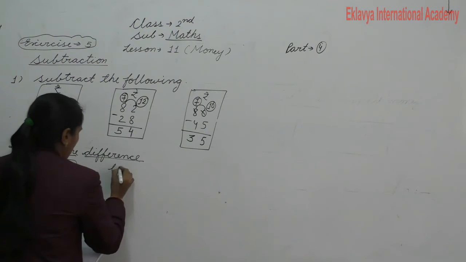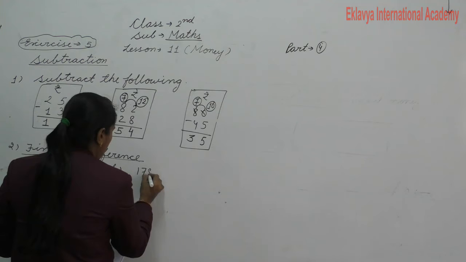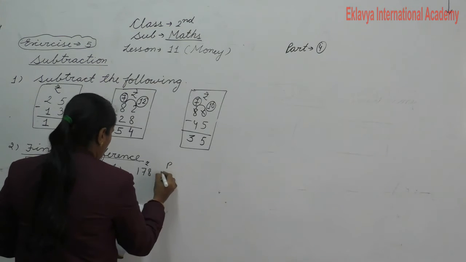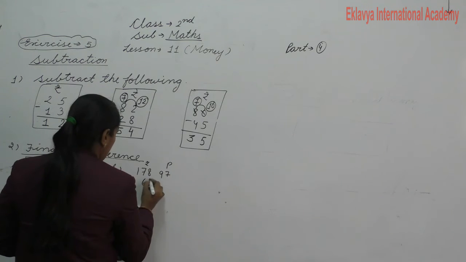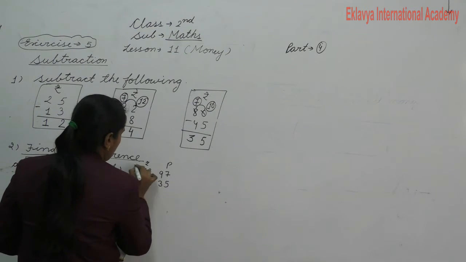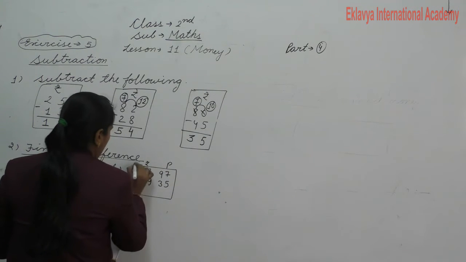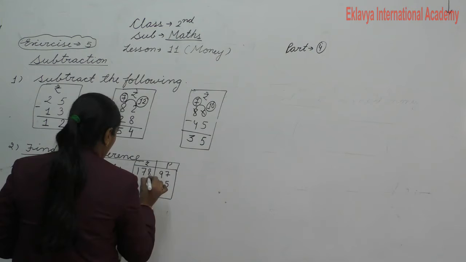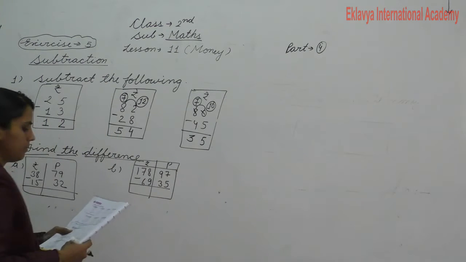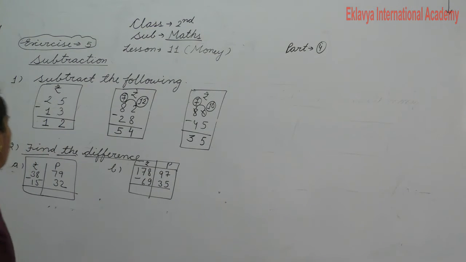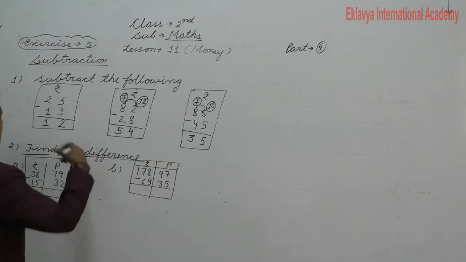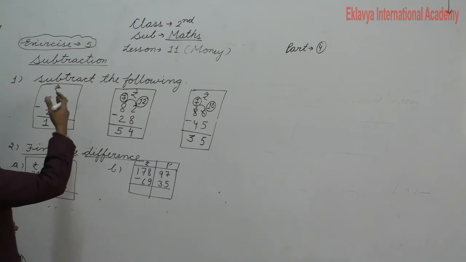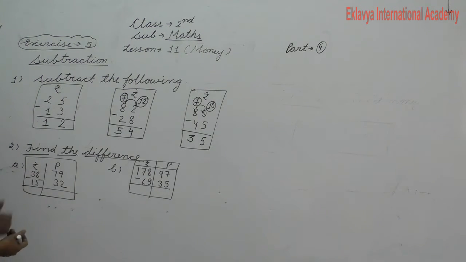Your B question is 178 rupees and 97 paise, 69 rupees and 35 paise. Okay. Now we will subtract. We have discussed subtract the following. Now we will discuss find the difference. Both are the same, but the question is different.